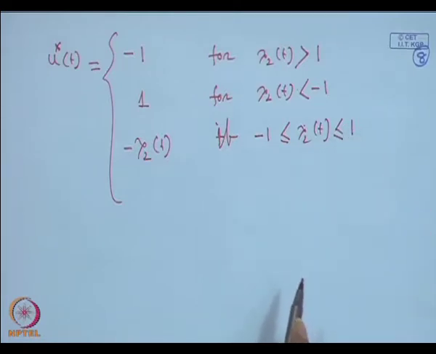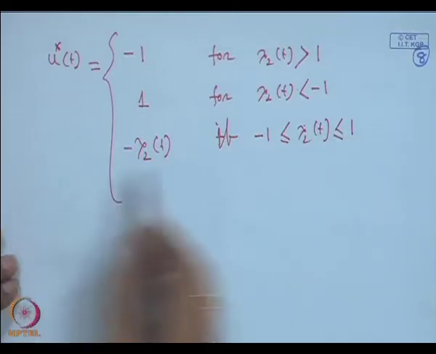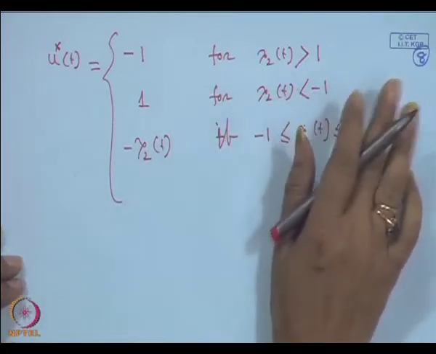So, this is nothing but a set function. We will apply the control sequence this way: if the mod of lambda 2 is less than or equal to 1, we will apply whatever the lambda 2 is there, we will apply the same thing there.